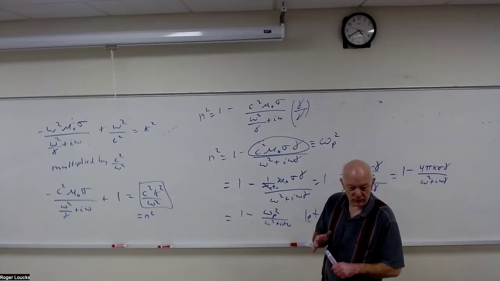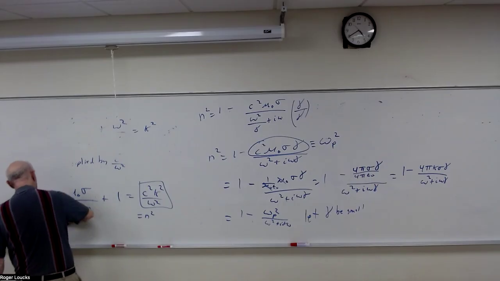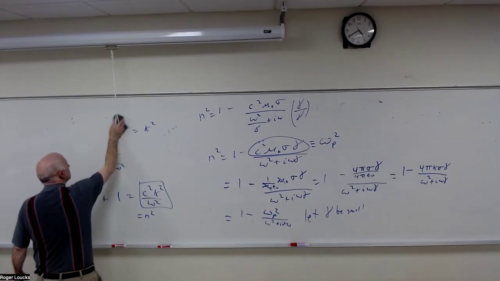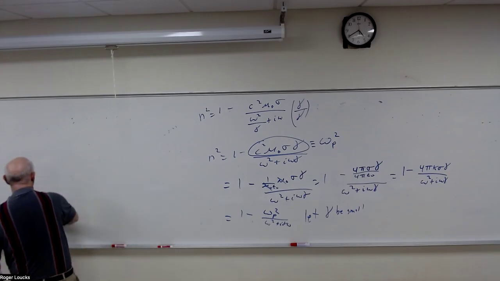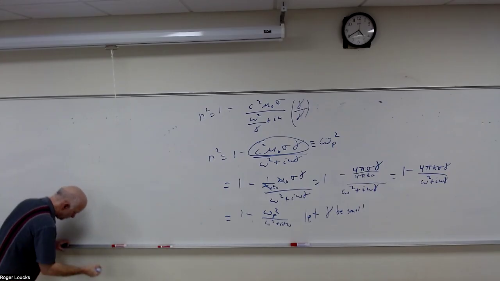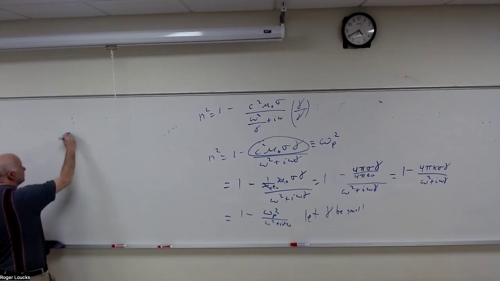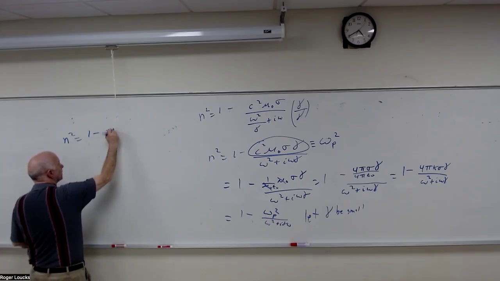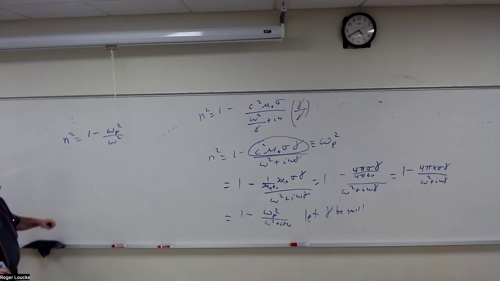And this is where we ended things yesterday. So yesterday we ended the class with n squared equals 1 minus omega p squared over omega squared. Okay? So this is where class ended yesterday.